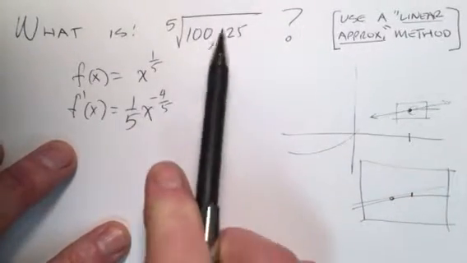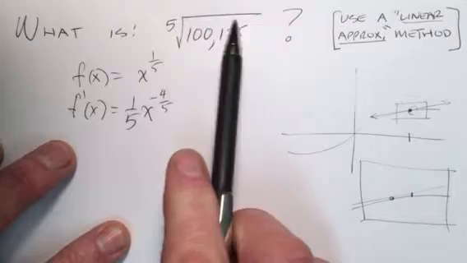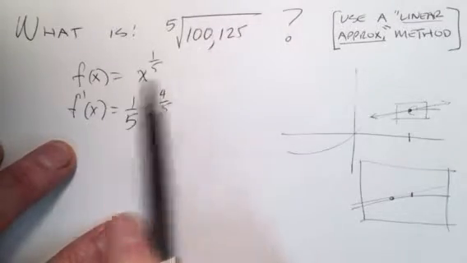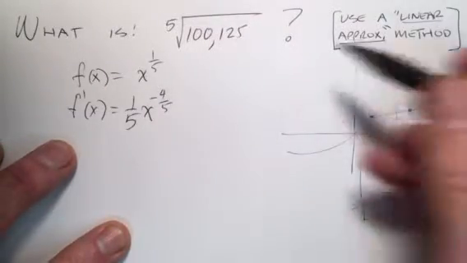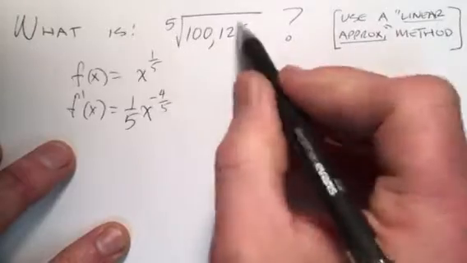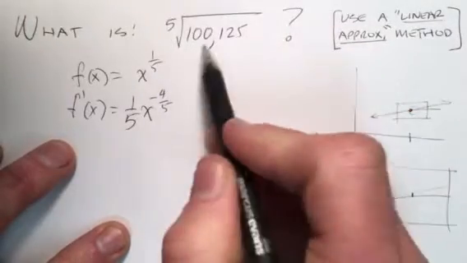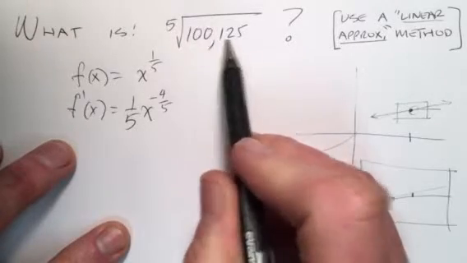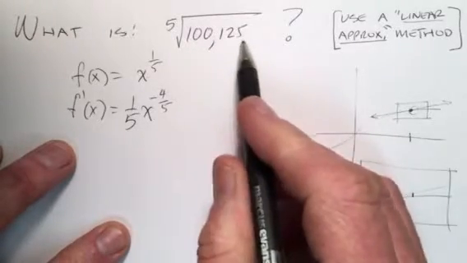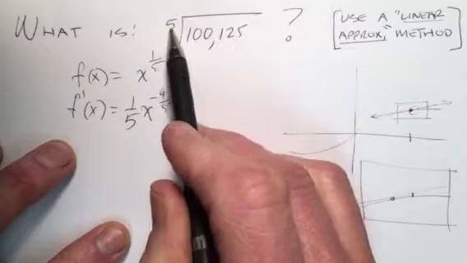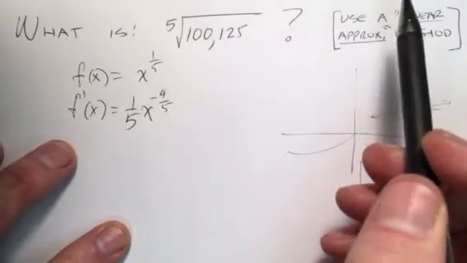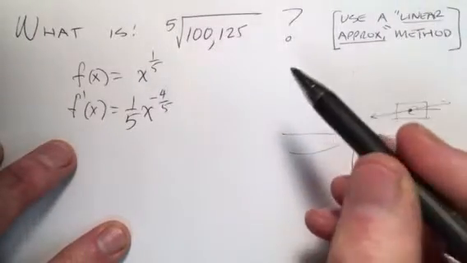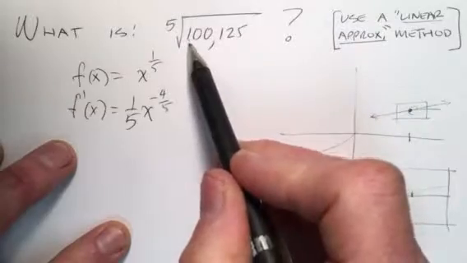Well, I need to find a point that's nearby that I know and that's convenient, and this is where it's a little bit made up. Teachers try to give you something that is pretty straightforward. The fifth root of exactly 100,000, there would be 5 zeros there, and we should be able to do that in our head, because for every zero you have in a power of 10, you would have 10 to that power.